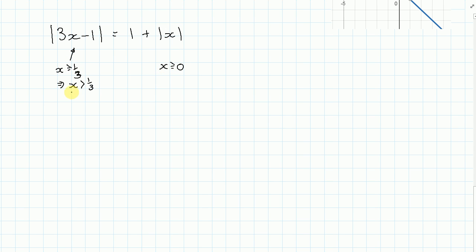So we now need combinations. When x is greater than 1/3 also satisfies that. So that's one region. We also need to think about what happens in the region between them. So we've got a line, we've got 0, we've got 1/3, and so far this first situation is this region on this side. Second one is when x is between 0 and 1/3.